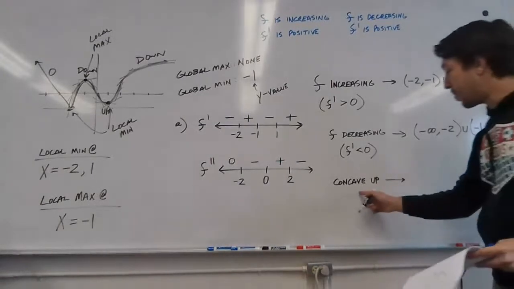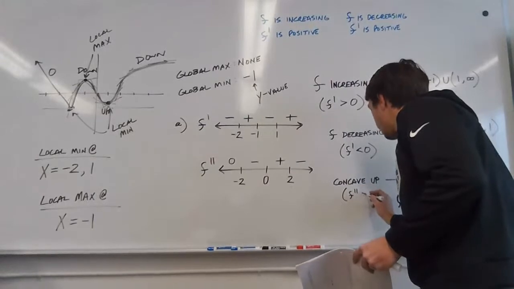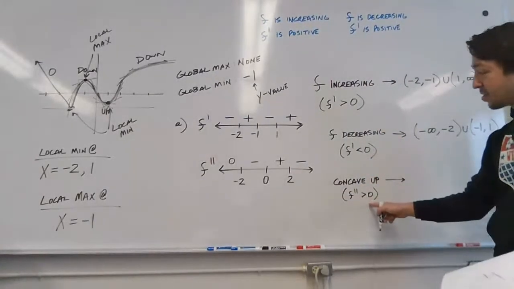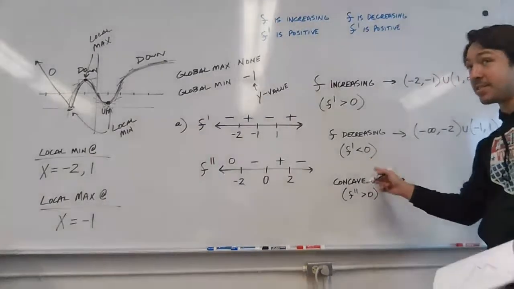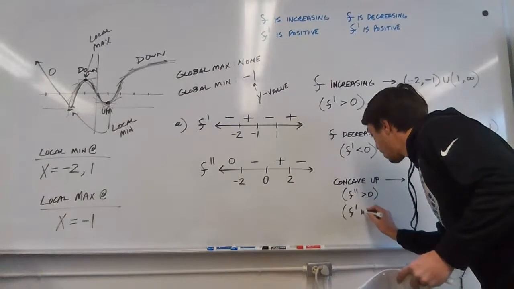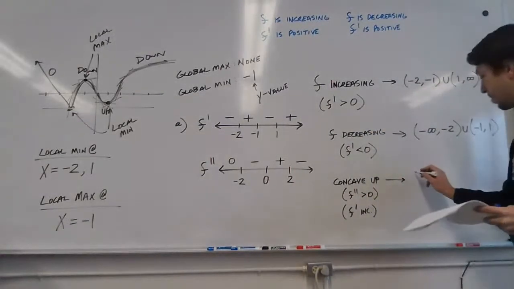So concave up, remember, is when the second derivative is positive. Or you could think of that as when f prime is increasing.